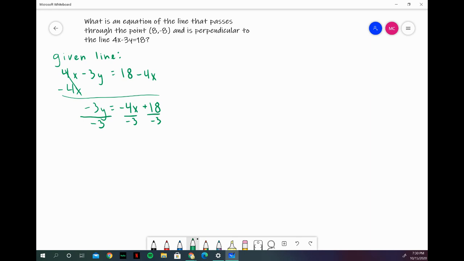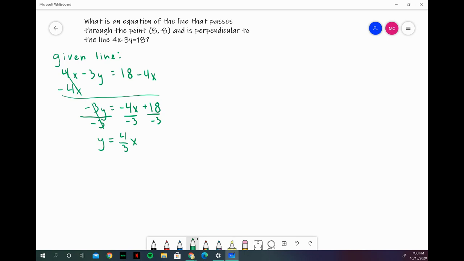Now I need to simplify. Negative 3 divided by negative 3 times y just becomes 1y, because negative 3 divided by negative 3 is 1. Now negative 4 divided by negative 3, I'm going to keep that as a fraction, but a negative divided by a negative becomes a positive. So this can be written as 4 over 3 times x.